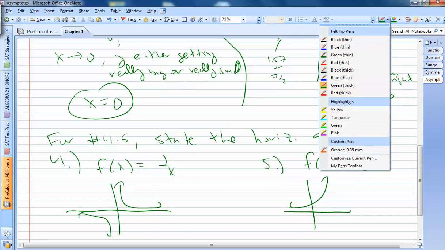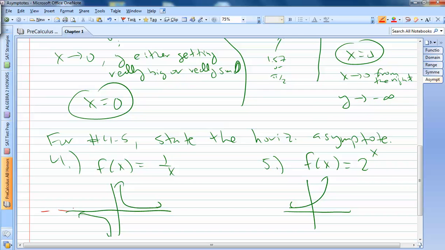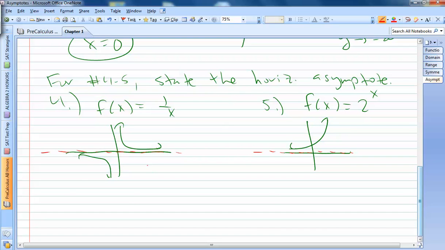Now if I graph those asymptotes, now what happens here is that when x approaches infinity or negative infinity, y is basically getting very close to 0.